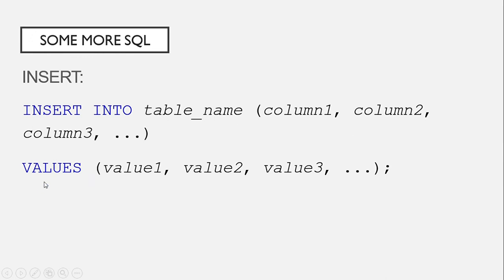And then values. Look at the values inside of the parentheses. Those values should be corresponding to the columns. Like the value 1 is for the column 1. The value 2 is for the column 2. Value 3 is for the column 3. So the order here makes some difference.